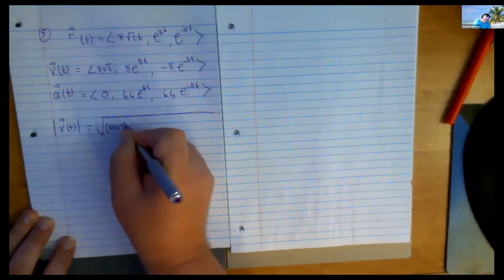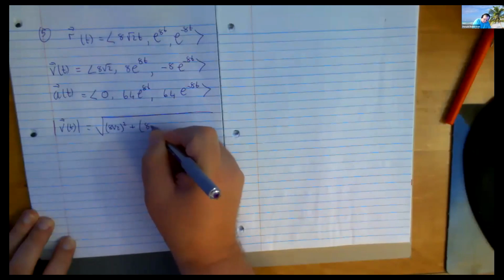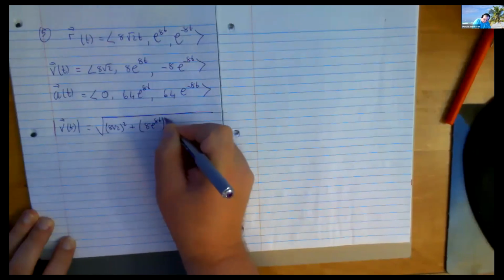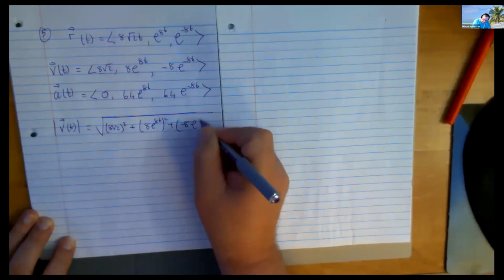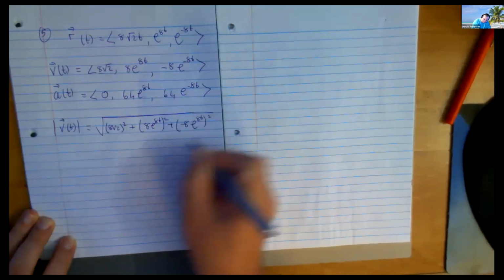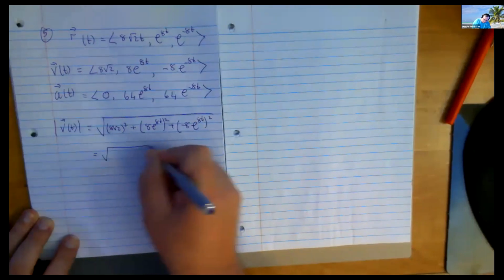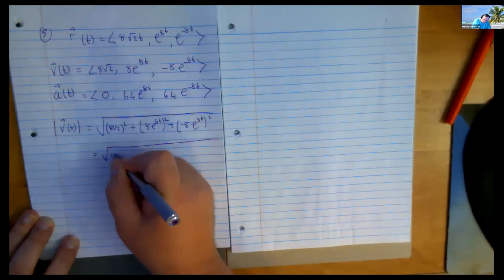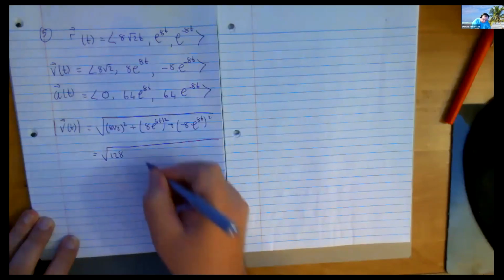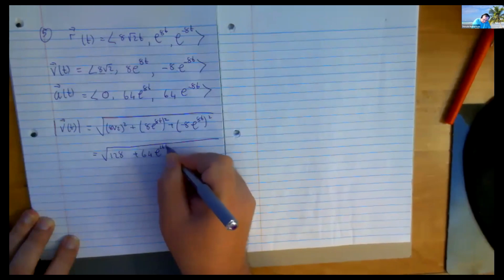This guy squared. This guy squared. And this guy squared. Oh, 64 times 2 is 128. 64 e to the 16t.